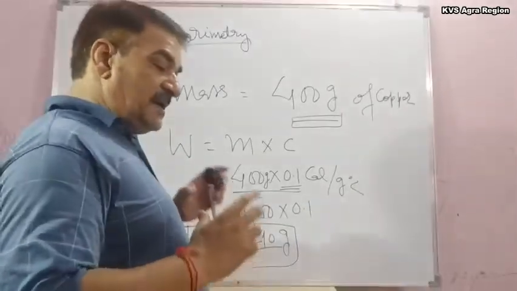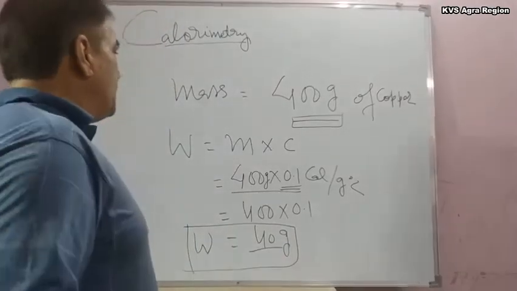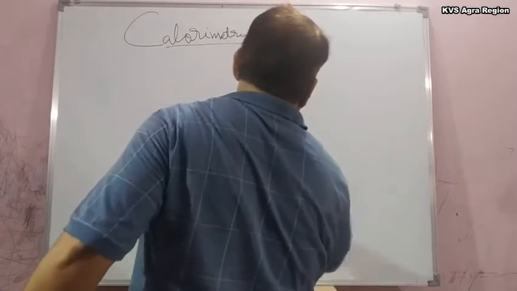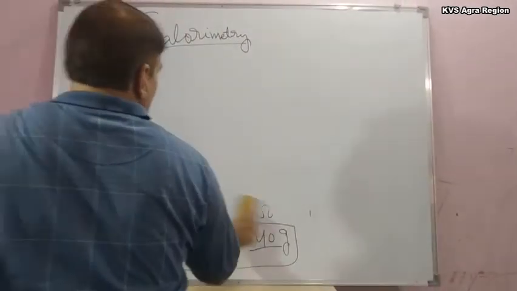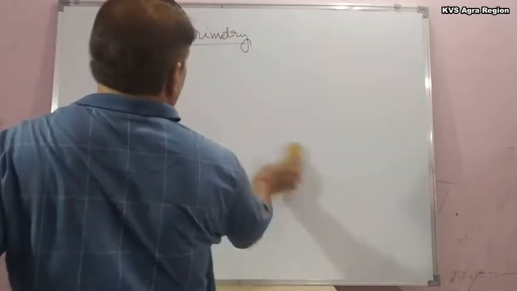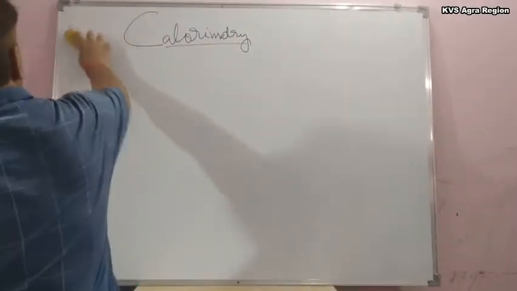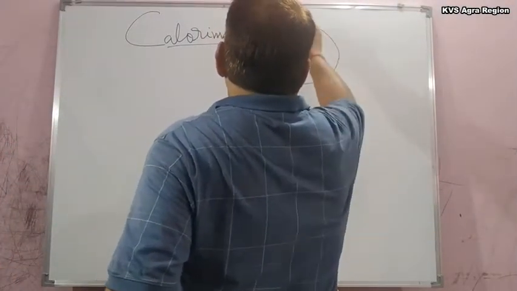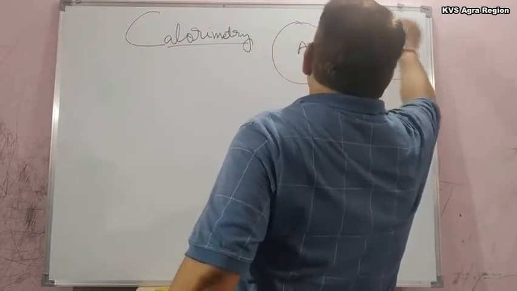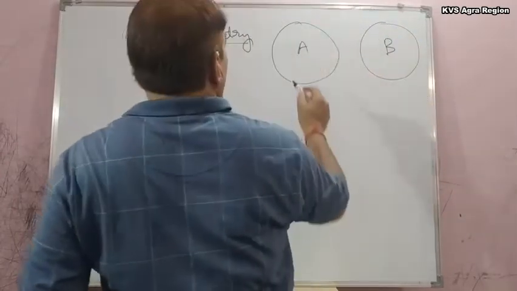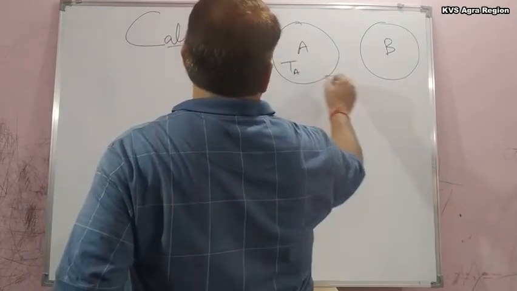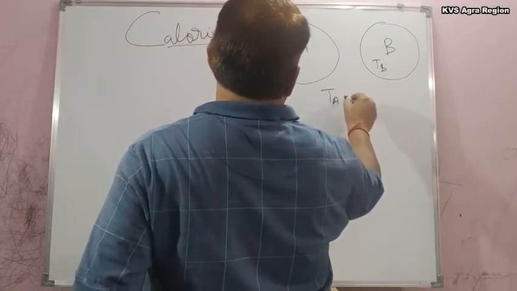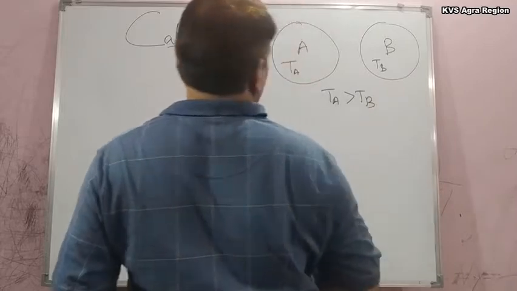Now in calorimetry, the basic principle is that heat lost by a system is equivalent to heat gained by a system. And this loss or gain of heat will continue until the temperature of the two becomes equal. So let us have two bodies, body A and body B. These two bodies are at different temperatures, TA and TB, and TA is higher than TB.